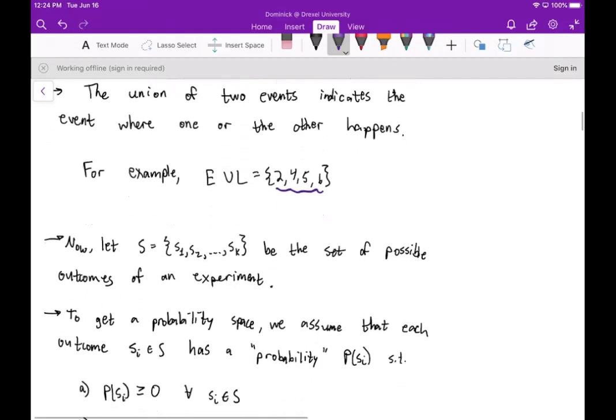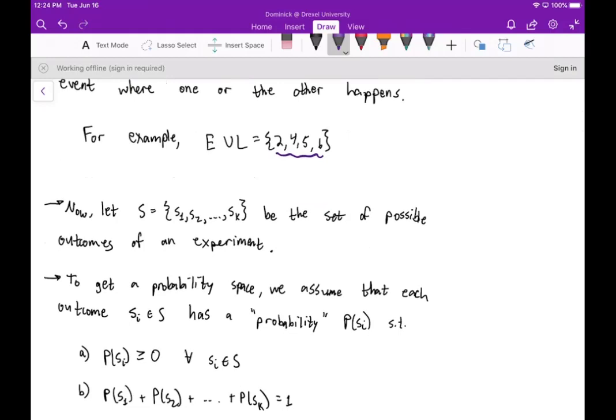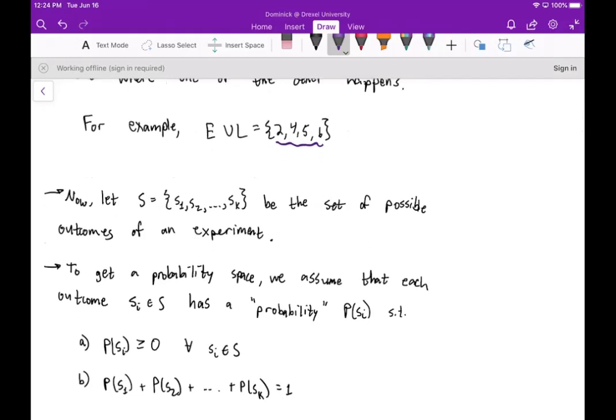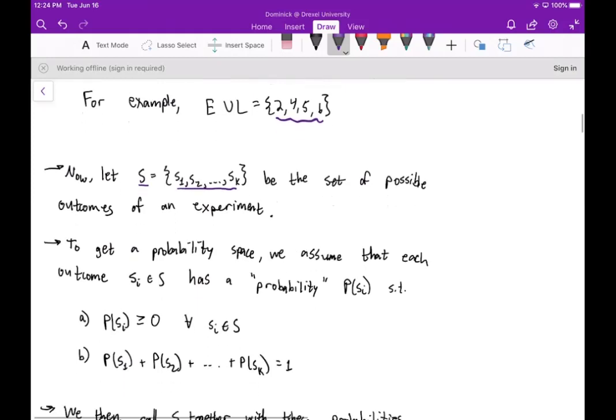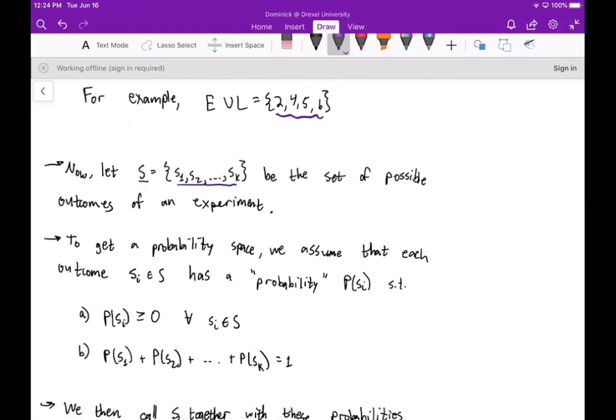Okay. So now what we're going to do is talk about how to come up with a probability space or a probability distribution. Now we're going to let our sample space S, consisting of outcomes S1 through SK, be the set of all possible outcomes of an experiment.